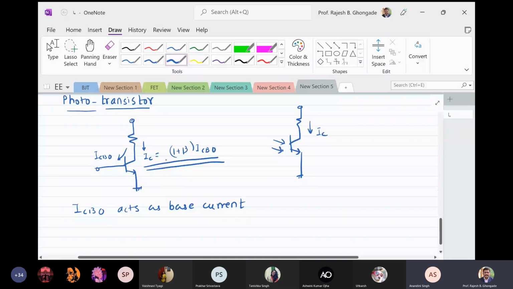Okay, and that is how a change in the light will create a change in the collector current. So IC is proportional to the illumination.